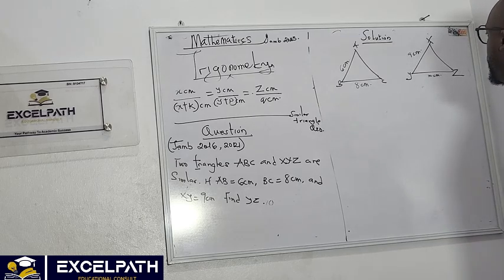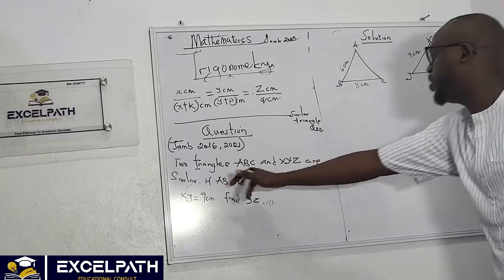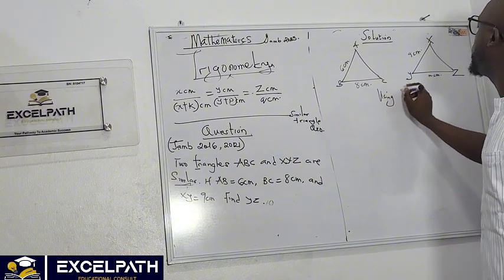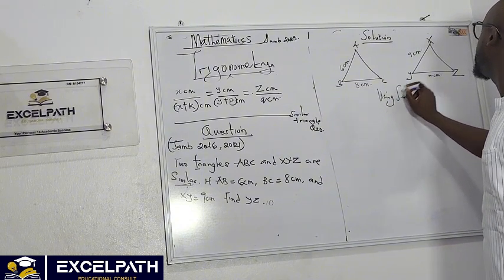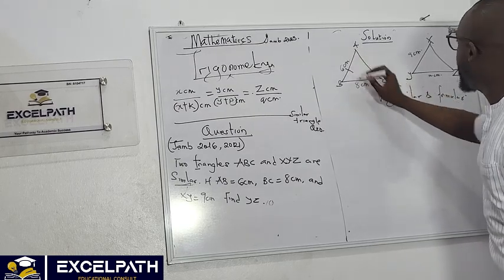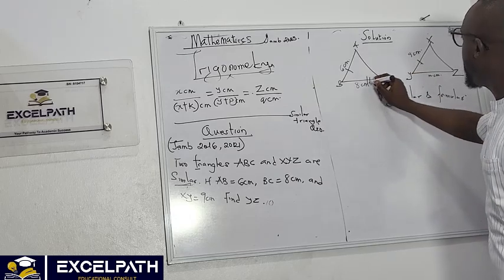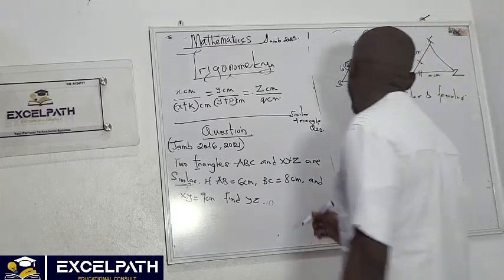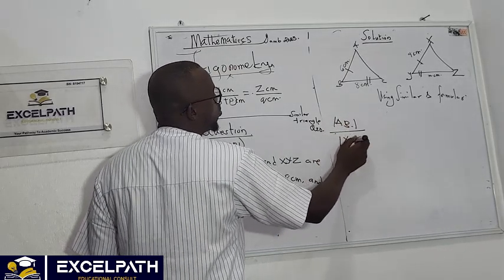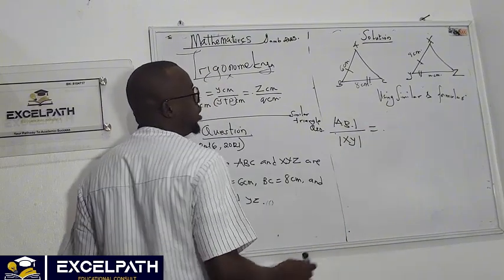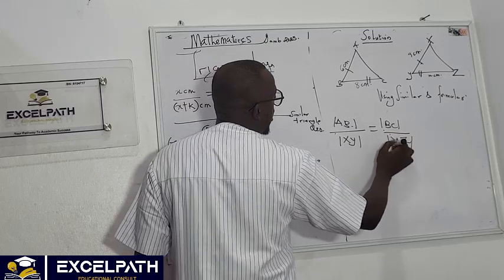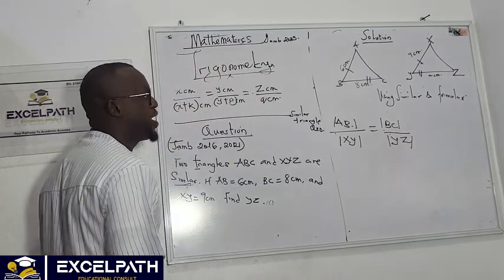So what do you do here? Because they are similar, you use the similar triangle formula. This side is over this side, this side is over this side. So you have line AB over line XY equals line BC over line YZ.